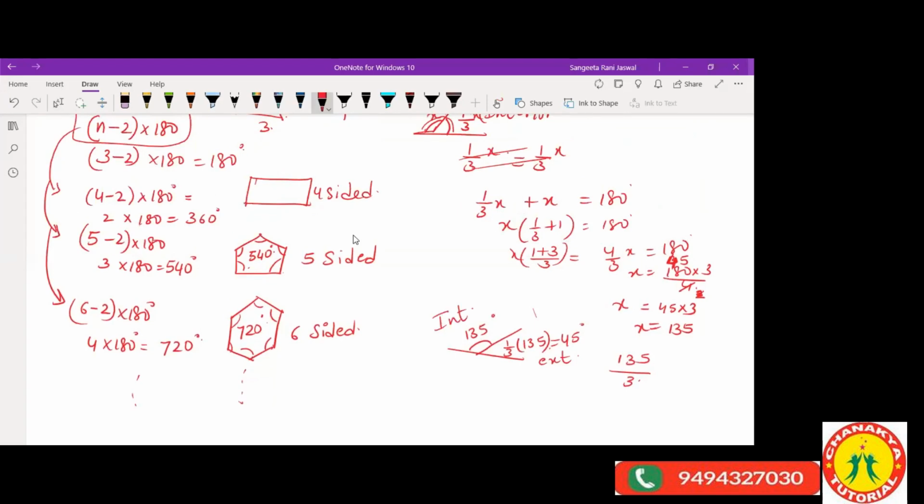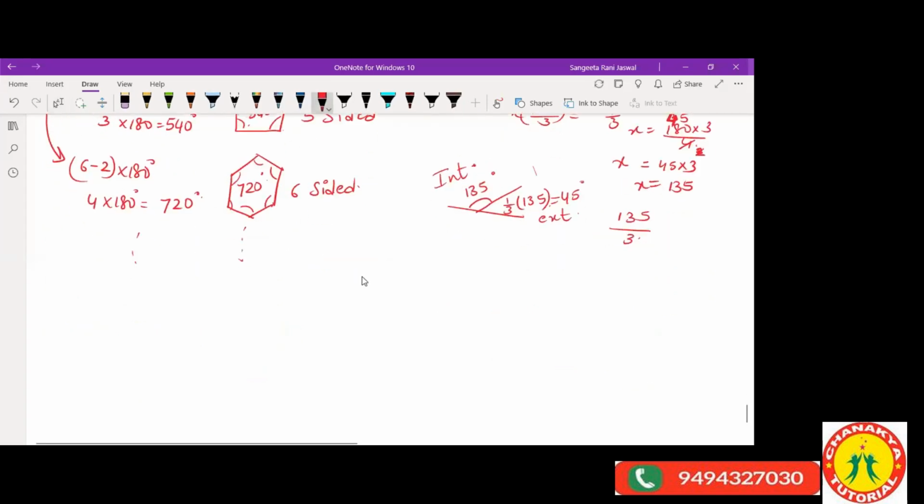Now what is your question saying? Yes, Gagana, what does your question say? Find the number of sides of the polygon. We were doing this: the sum of all the exterior angles of any polygon is 360 degrees.